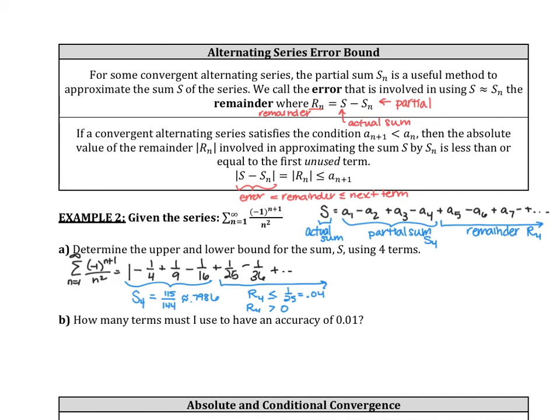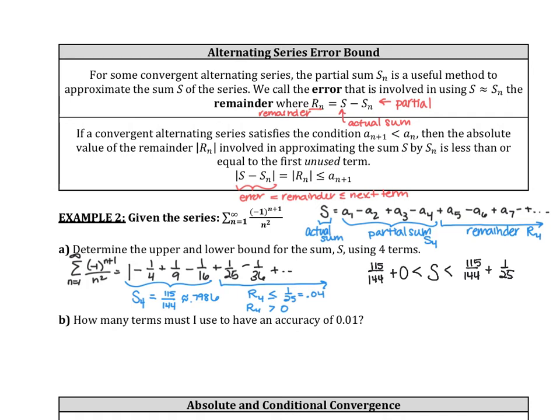So what I can say about the error for this is that my actual sum would need to be less than 115 over 144 plus 1/25, and it needs to be greater than 115 over 144 plus 0.